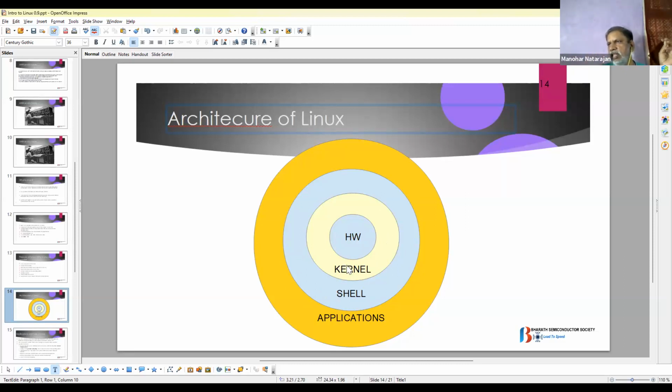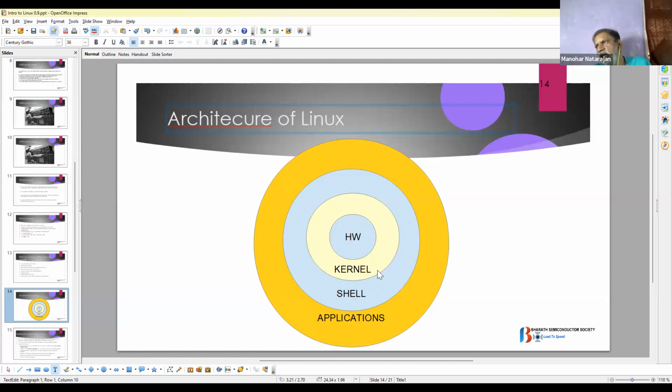The kernel is a software component, and the shell is also a software component. The shell takes that command and tries to see what it is. If it is an inbuilt Linux command, it will execute that command. Or if you have your own application available in the path, the shell will give control to that application, and that application will take over. We will see examples of the different command lines, but essentially this is how it is structured.